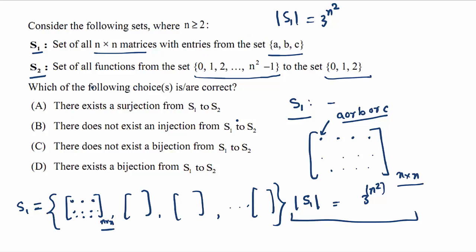What about S2? S2 is a set of all functions. Suppose the functions in S2 are F1, F2, something like that. S2 is the set of all functions from the set {0, 1, ..., n square minus 1} to the set {0, 1, 2}. From this set to this set.